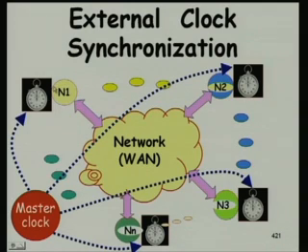In external clock synchronization, we will have a master clock, which can be UTC or any other clock, which transmits time to all these clocks frequently, and they keep on setting their time according to the master clock. The implementation of this is simple, but unfortunately it is not used.